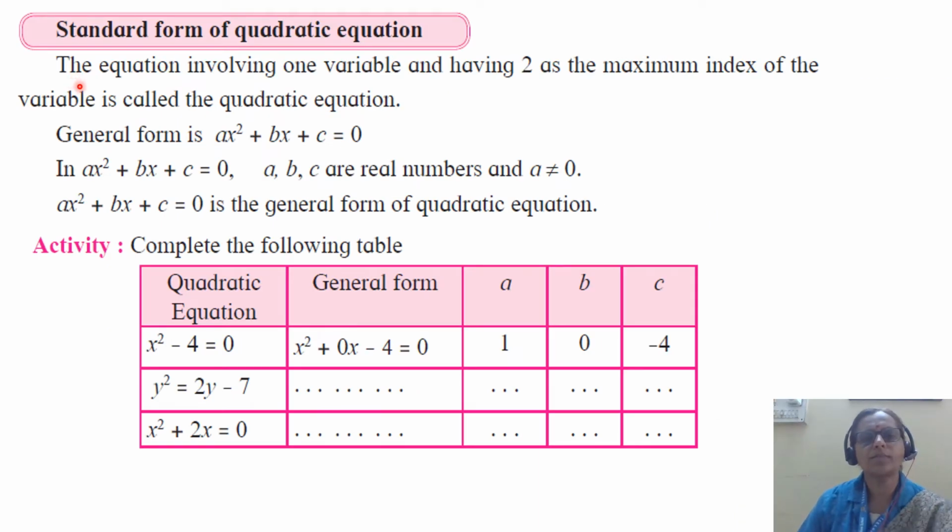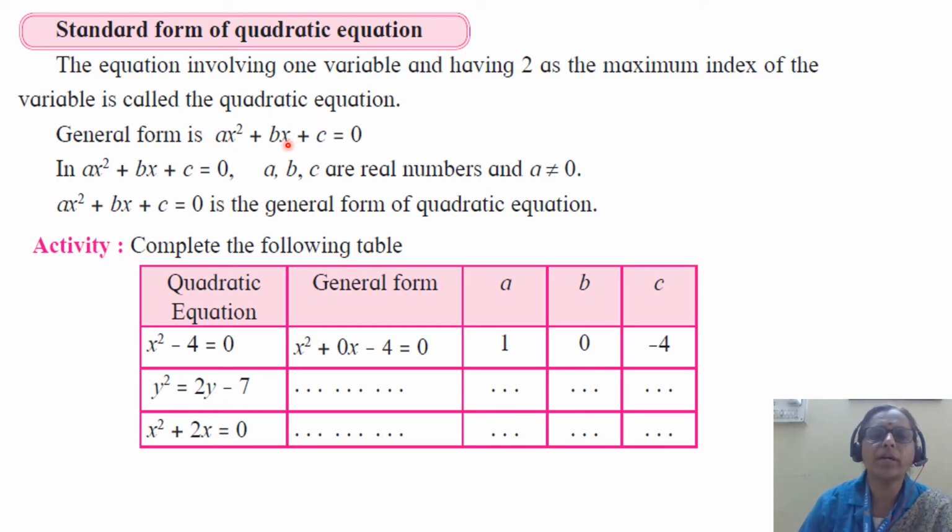Children, last year you have studied quadratic polynomial, that is p(x) equal to ax square plus bx plus c. Only one variable is used, and highest degree of the variable used is 2, so we call it a quadratic polynomial. Its middle term, bx, is a linear term, and c is a constant term.